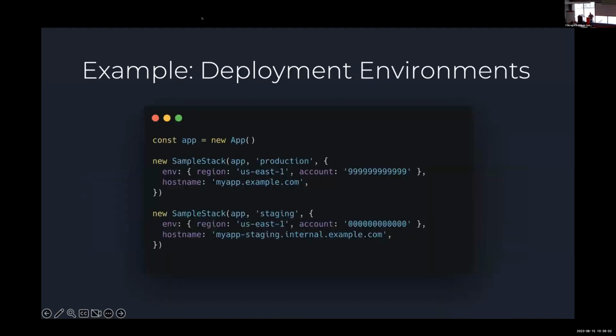So I mentioned the deployments example. Here is a streamlined and simplified example of that. In this case, everything's going to the same region, 2 different accounts. We have different host names that we're needing to use with this sample application, and we can customize those each for the different deployment environment we have.